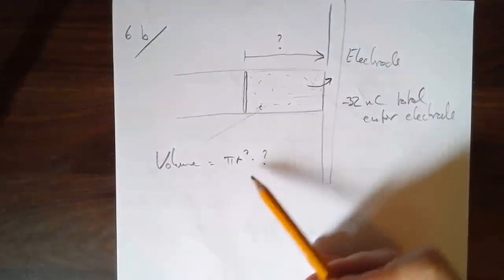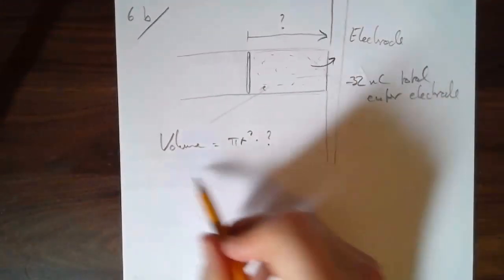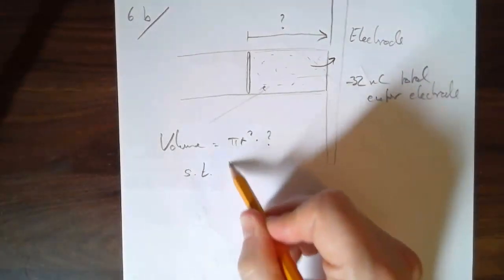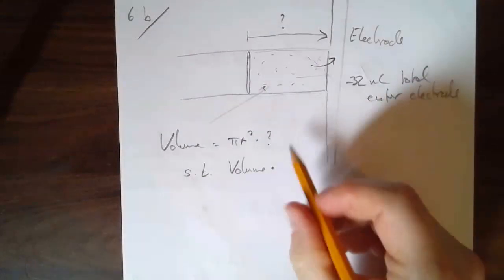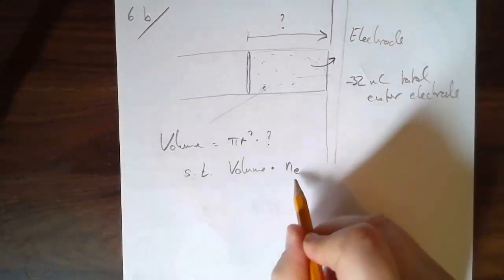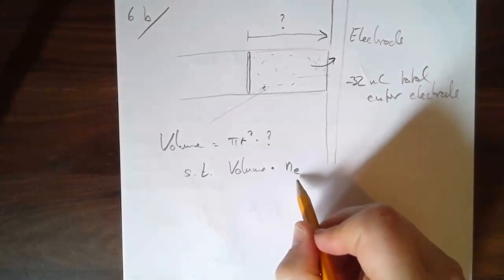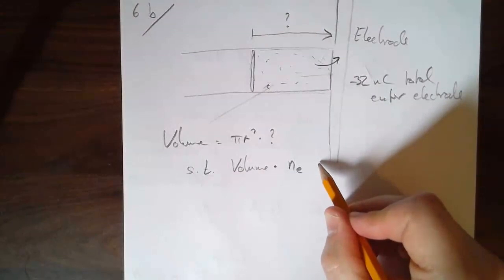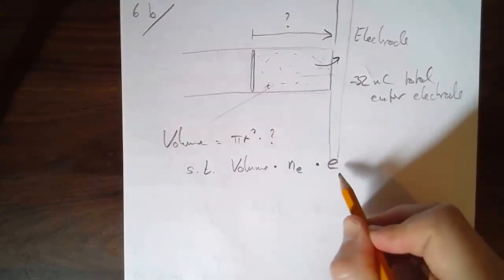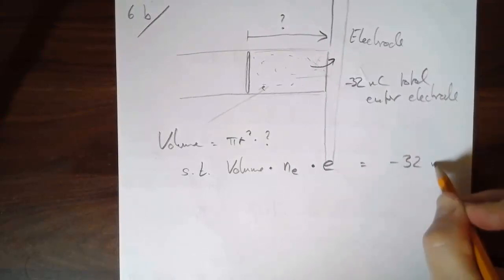Volume, pi r squared times what, such that the volume times the number of electrons per volume times the charge per electron is equal to minus 32 nanocoulombs.